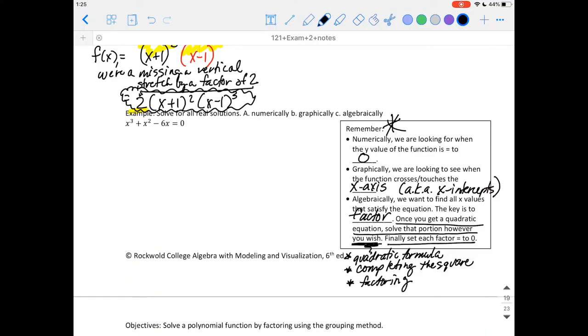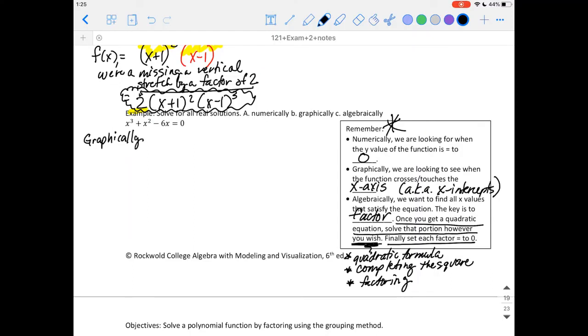And finally, set each factor equal to 0. All right, so here on this one, technically, numerically and graphically are about the same thing. So I'm going to do it graphically here.